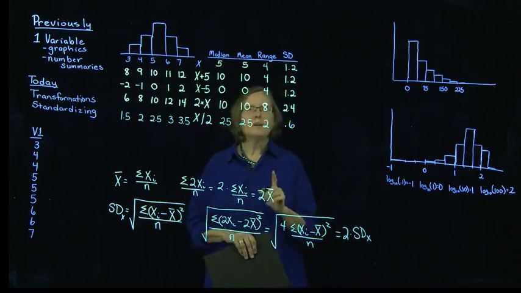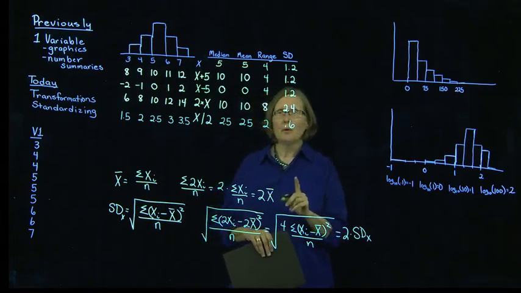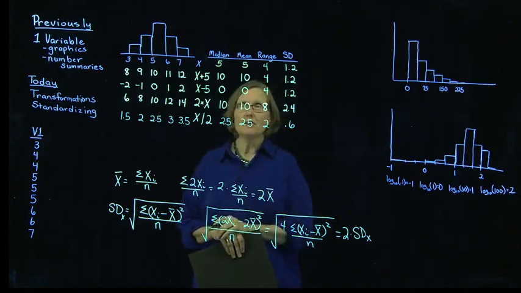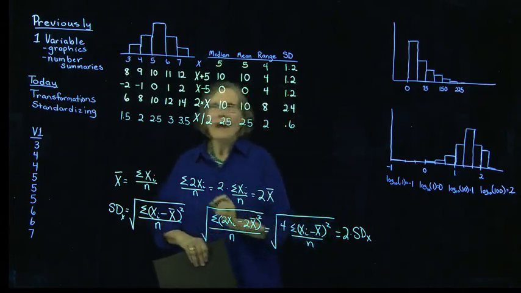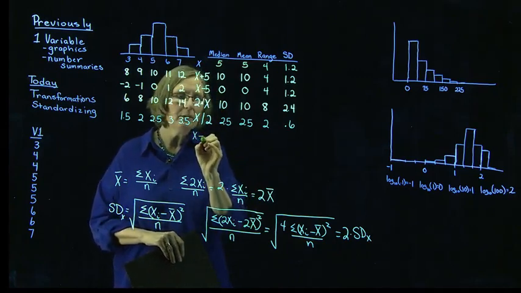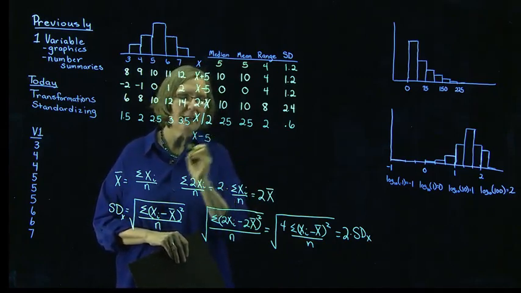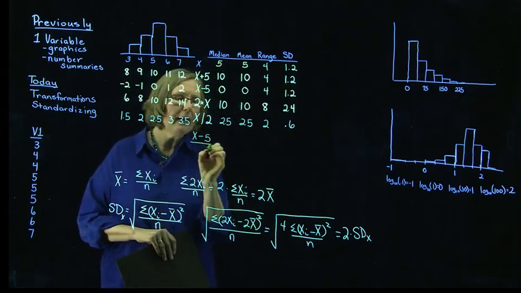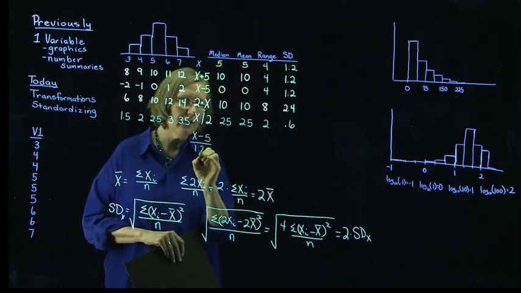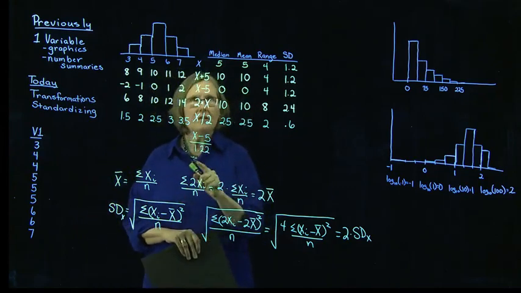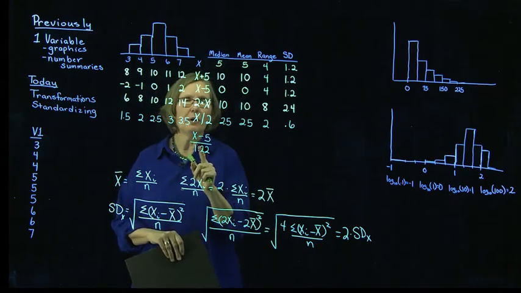Now there's one more transformation that's going to be very important throughout this course, and it combines some of the transformations we've just used. If I take my original variable and I subtract the mean, in this case 5, and I divide by the standard deviation, which was 1.22, this is called standardizing a variable.